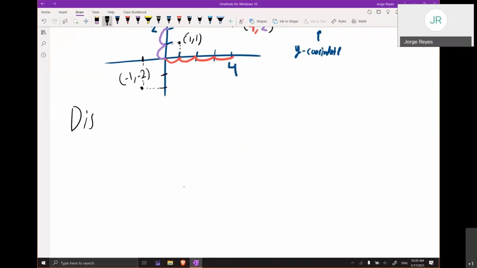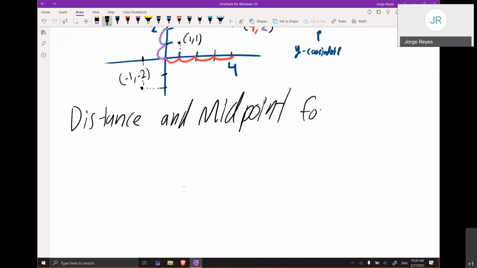Here we have the distance and midpoint formulas. So distance, I already kind of introduced this.